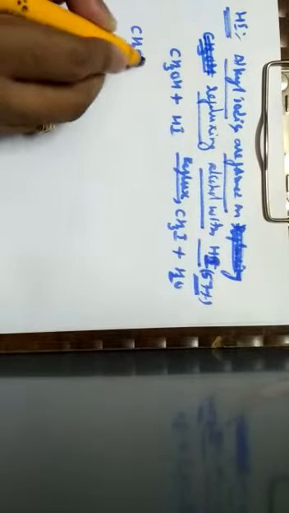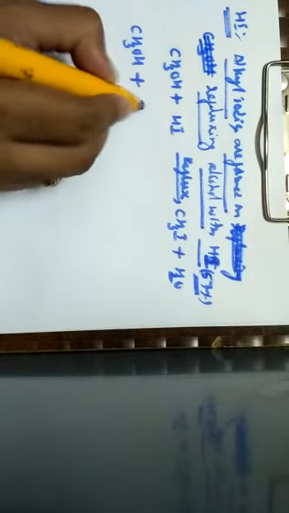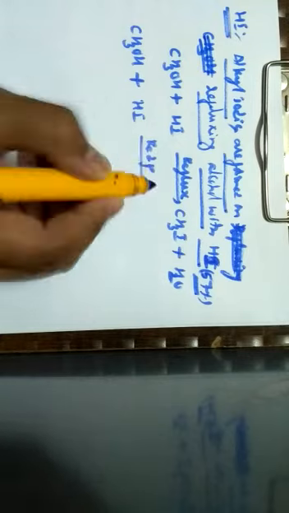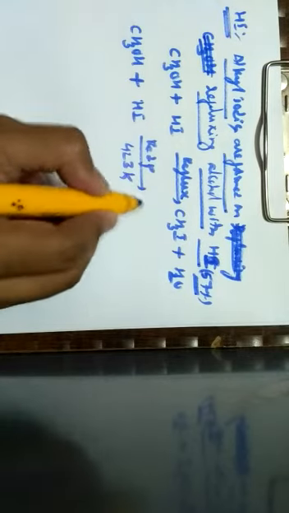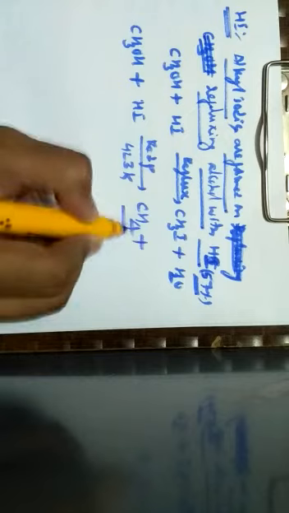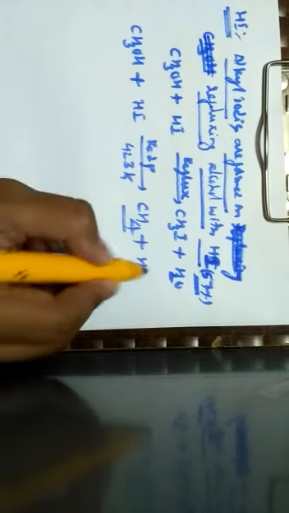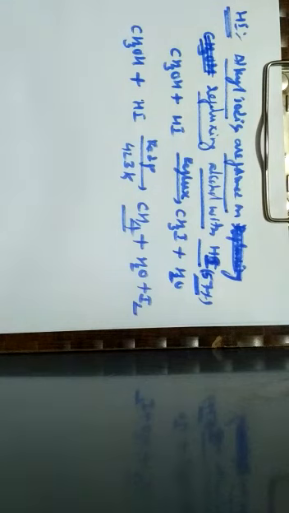Suppose when an alcohol is made to react with hydrogen iodide in the presence of red phosphorus by maintaining a temperature of 423 Kelvin, a hydrocarbon, that is methane, is formed along with the formation of a water molecule and liberation of iodine.